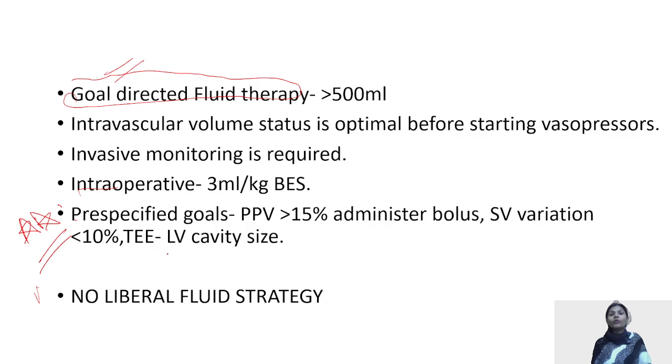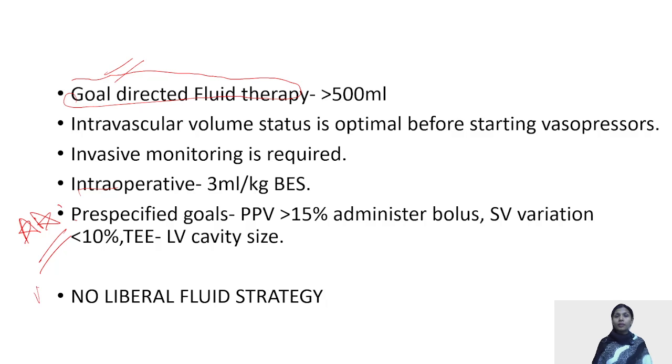The pulse pressure variation more than 15% after administering bolus, and stroke volume variation has to be less than 10%. I repeat, if pulse pressure variation is more than 15%, fluid has to be replaced to the patient. Okay, and you stop replacing the fluid when stroke volume variation is less than 10%, or the transesophageal echocardiography shows that a normal LV cavity size is present.